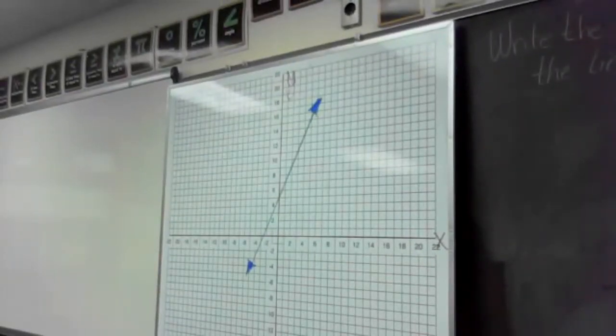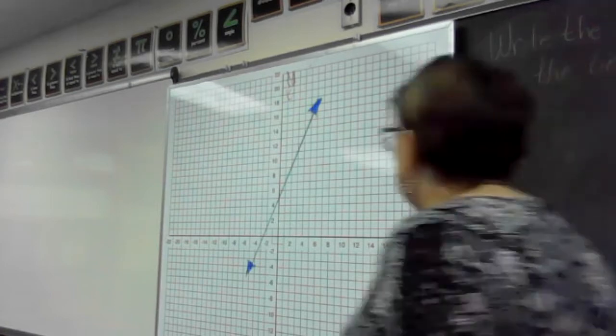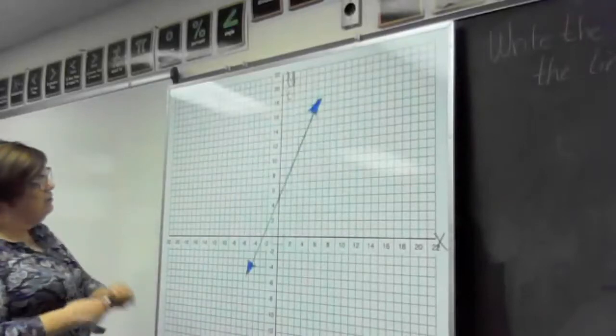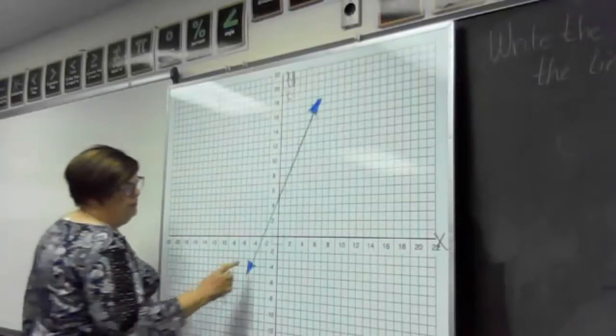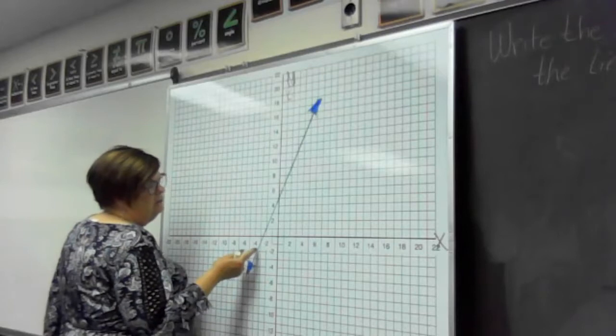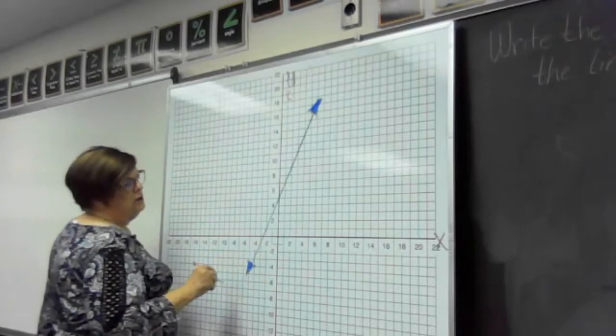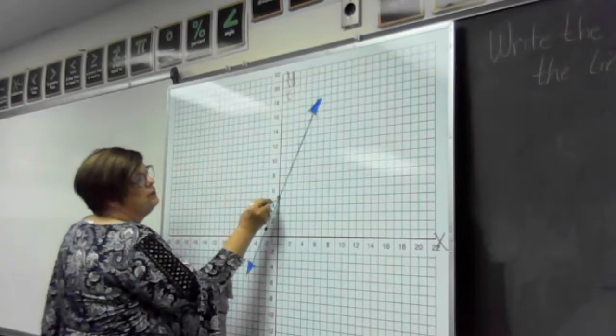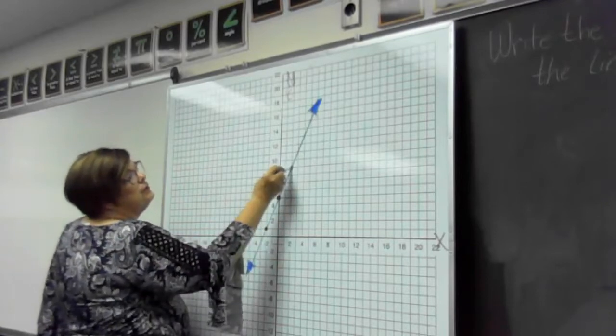Okay, we want to write the equation of this line. Now, there are 2 ways that you can do this. First of all, you can come over here and look for any points that might be on the intersections. Don't pick a point that's kind of in the middle of a line. That's not going to work. You could pick maybe this point or this point or this point.